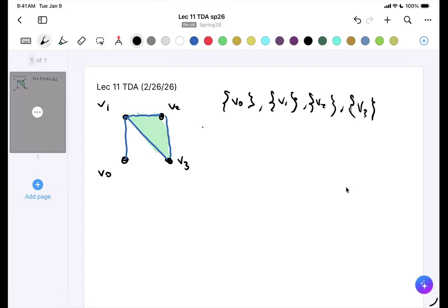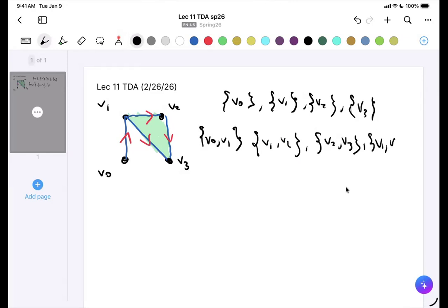Our convention will be to refer to these edges in increasing order, meaning that if I were to draw an arrow, it would always go from the lower index to the higher index. As a list, I'll write V0, V1, and then V1, V2, and then V2, V3, and then V1, V3. So there are four edges.